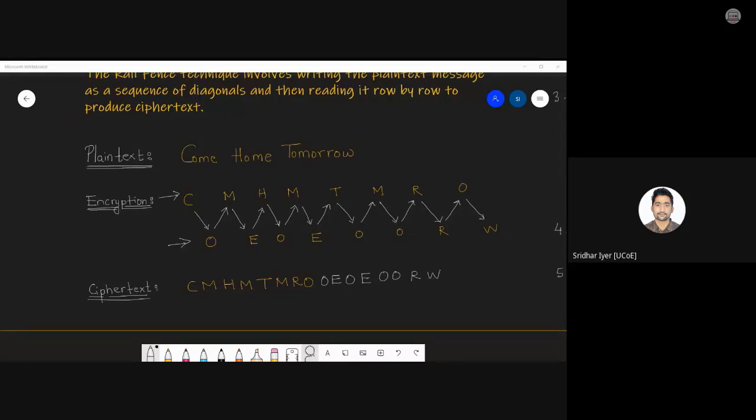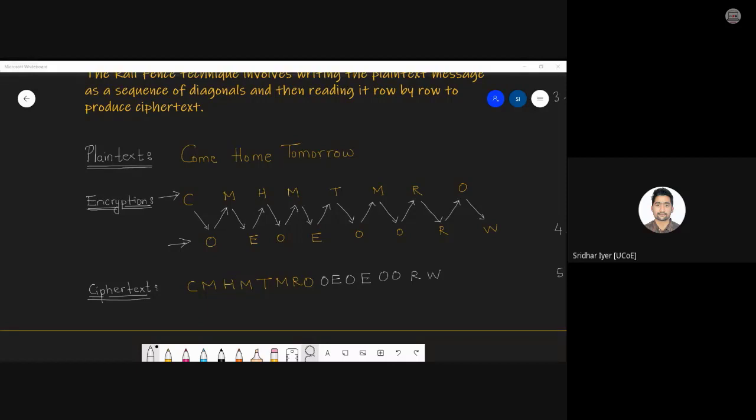But what if we have an odd length ciphertext? What to do in that case? If we get a ciphertext with an odd number of characters, then what will we do? Because we can't have 8.5. We can't take any random value.